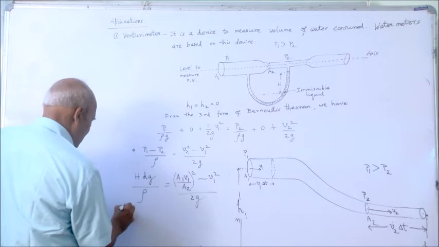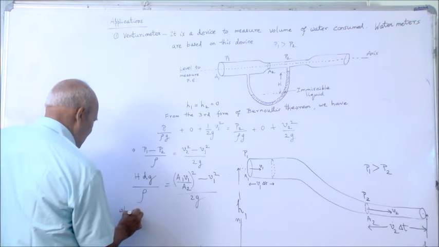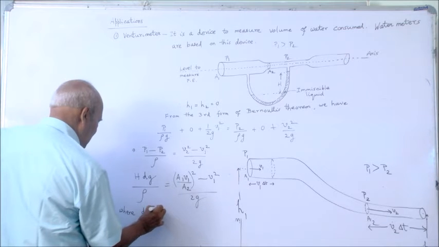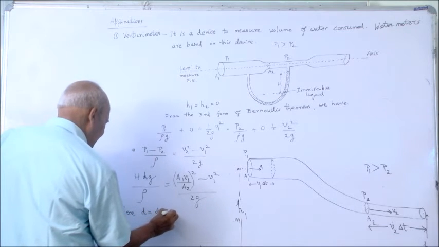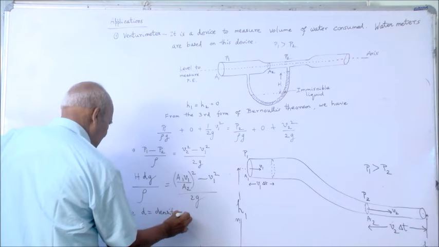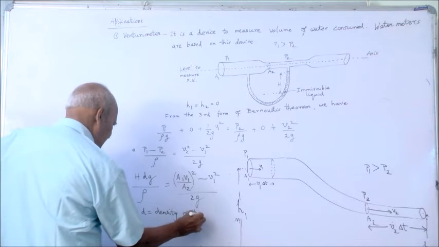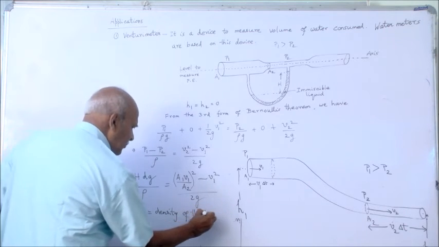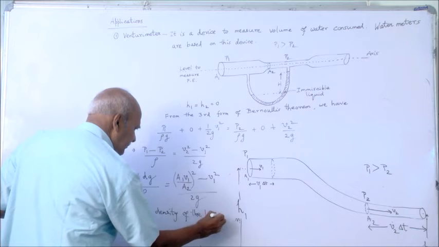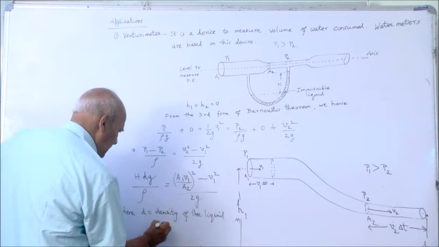So where D is equal to density of the liquid in the U tube.